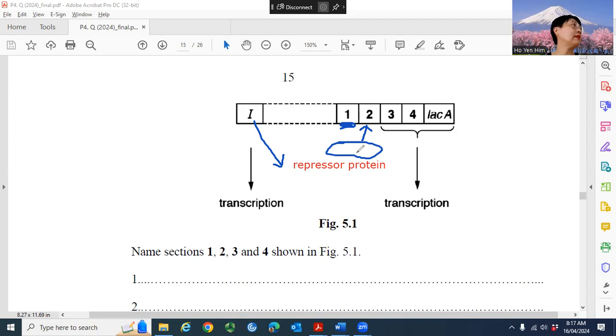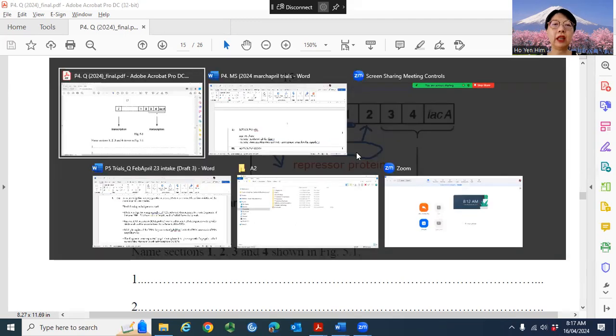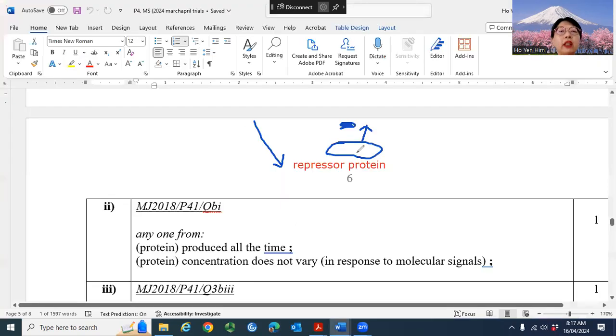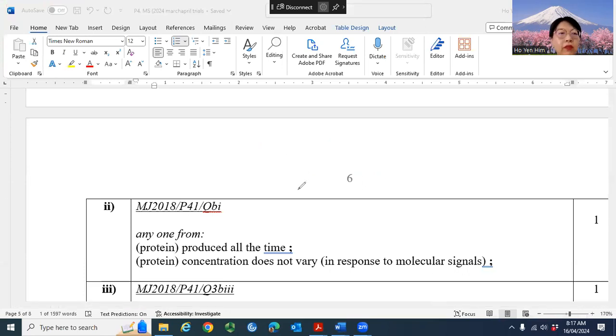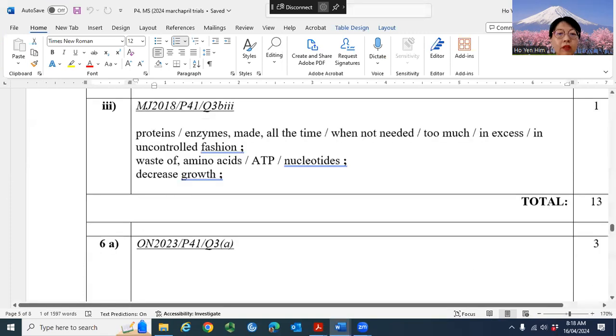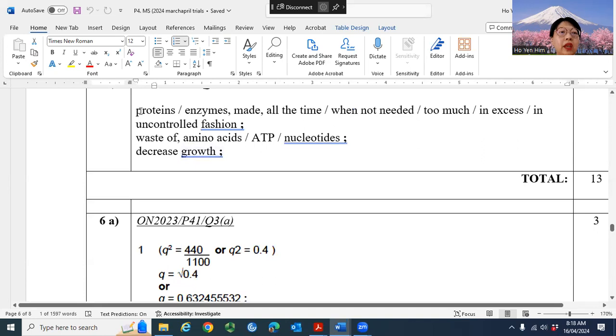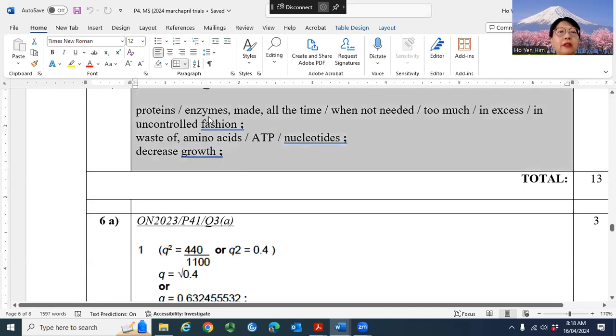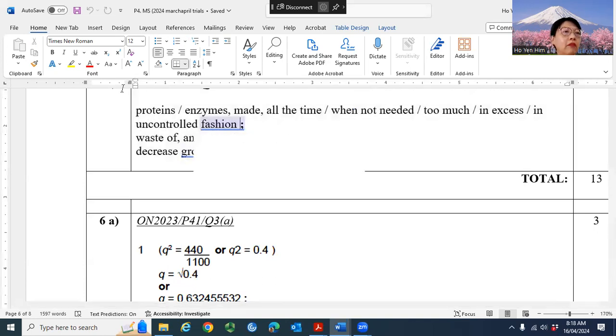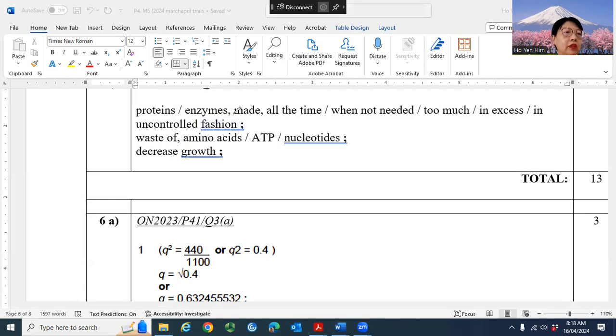So it's always synthesized. So this is whatever you have learned, right? So the answer is: protein that is made all the time. So this is what you have learned, isn't it? So you write whatever you have learned, okay?